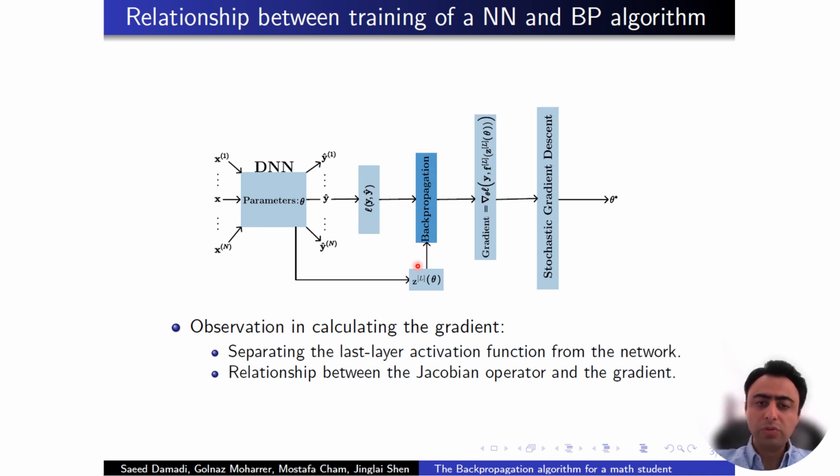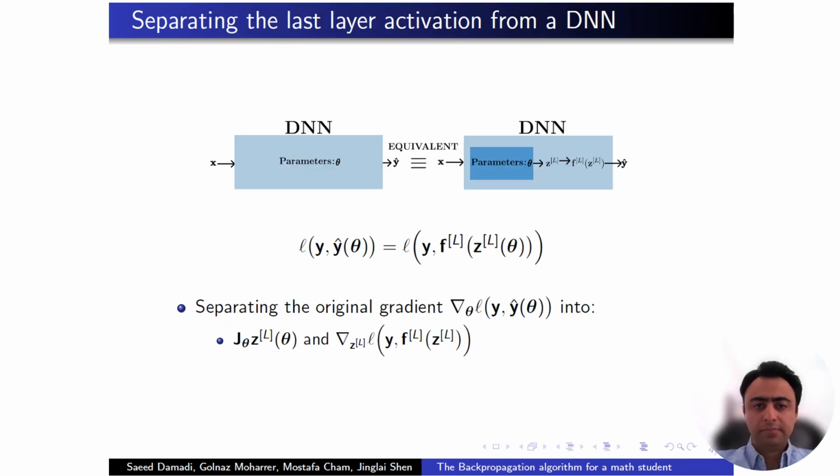To calculate the gradient, we observe that we can separate the last layer activation function from the network, and then use the relationship between the Jacobian and the gradient to simplify the calculation, which I will explain in the next slide. By separating the last layer activation function, I mean F capital L, the last activation function, so we can use the output of the last layer.